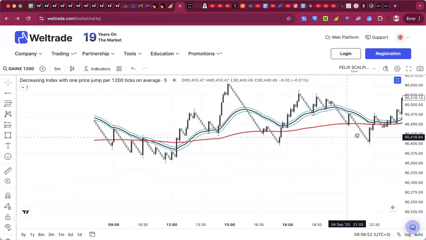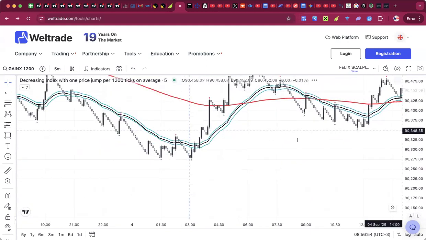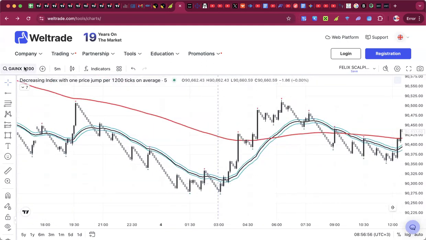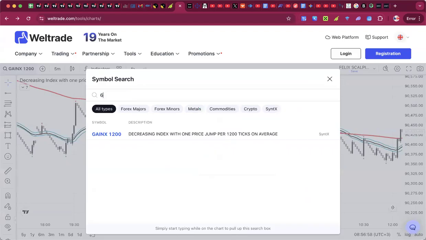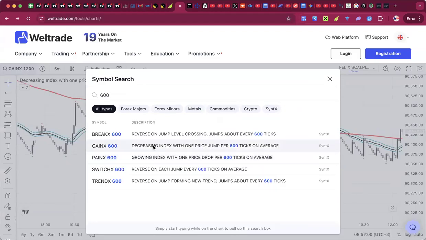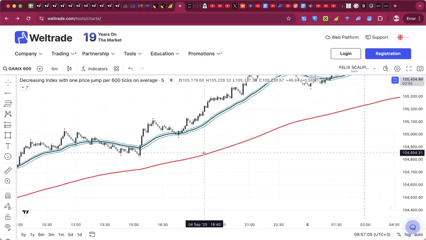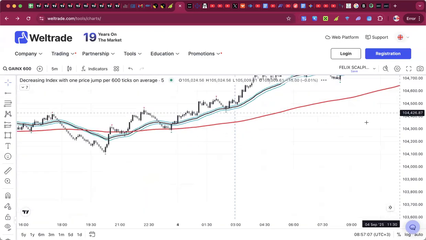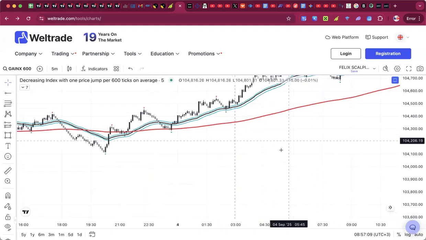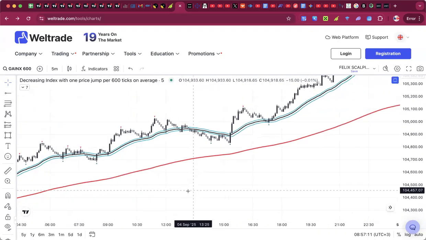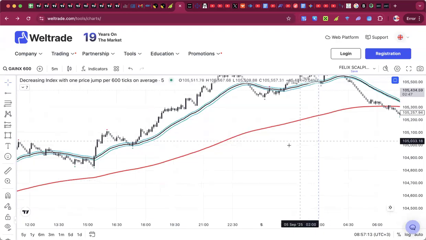You understand? So I think I prefer to trade the other ones, 600, 400, but I don't think I enjoy their own style. I think they are slow for my liking. But with this style too, I think you can achieve a lot. That means you can use this to 5 minutes on it.